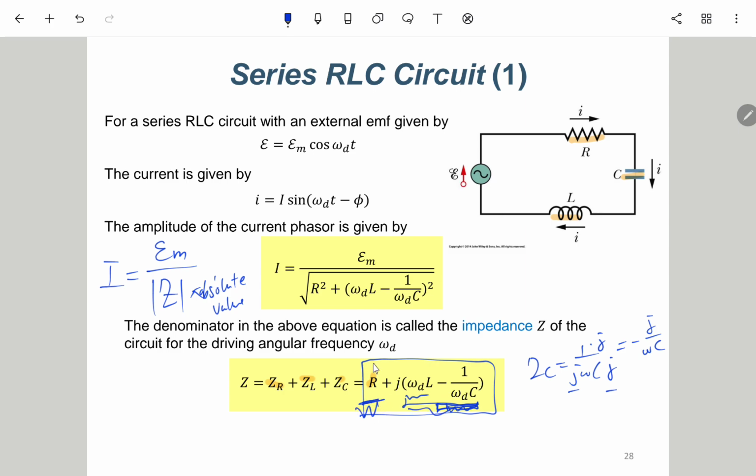So the square of the real part, R squared, and then the square of the imaginary part, add them together, take the square root, is actually the absolute value. If we have Z equals A plus jB, the absolute value of Z will be A squared plus B squared, and then take the square root.